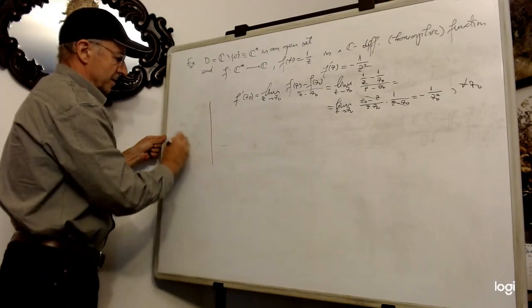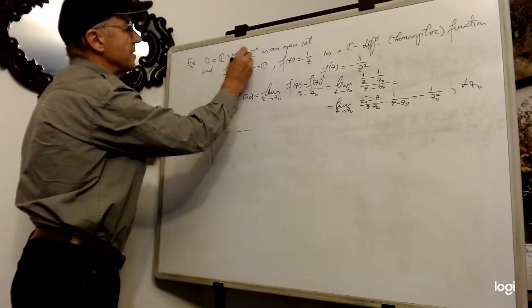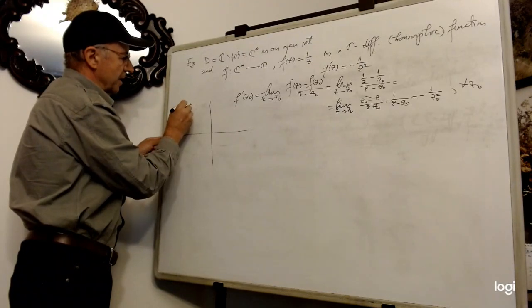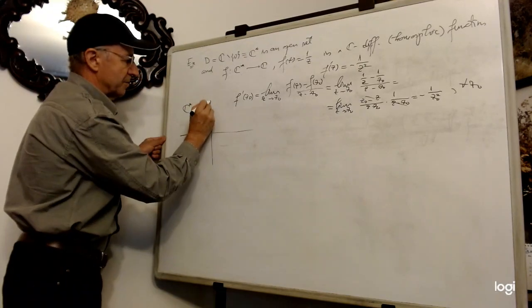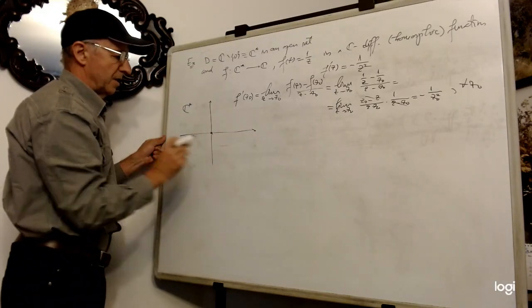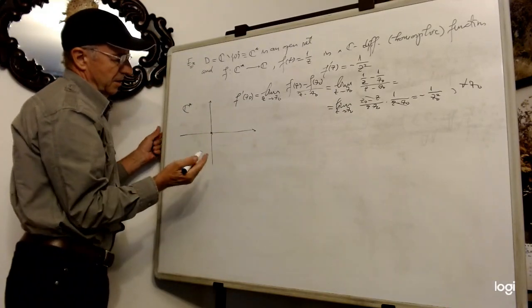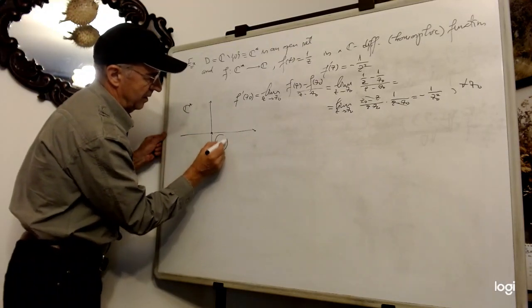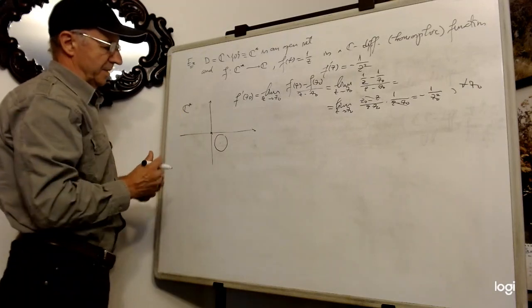In this case, our function is defined on C star. This means C star is C, the complex plane, except we have to eliminate just the origin. This is evidently an open set. For each point, you can find a disk contained in C star.